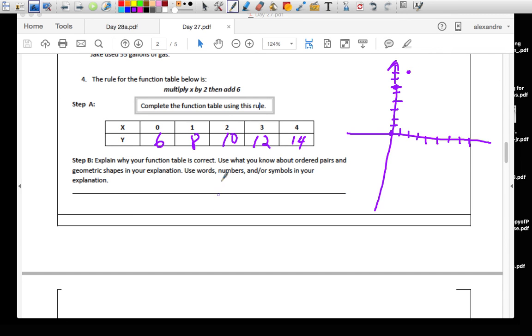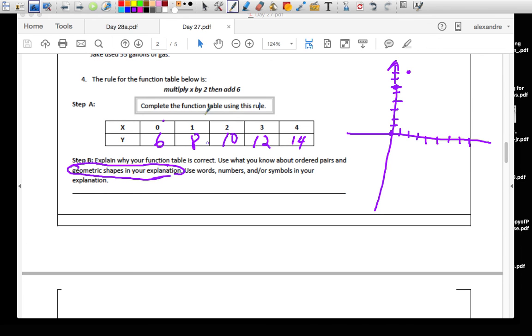I don't understand. Well, I know my function table is correct because I follow the rule. I'm not too sure I know how to answer this. Multiply by 2, add 6, and the relationship is repeating over and over again. Sorry, I don't know how I would use geometric shapes for my explanation of this one.